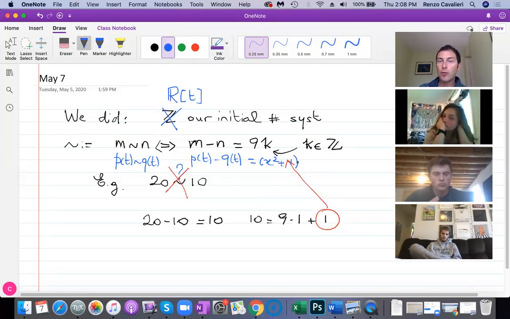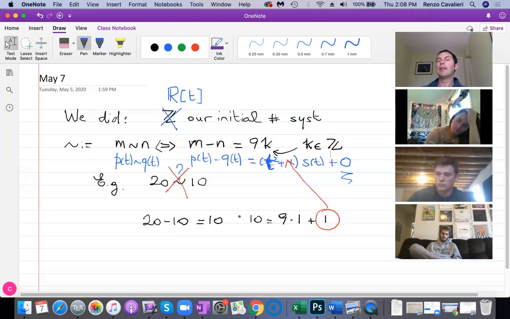Which means that if you perform division, you get a polynomial, s of t, and zero remainder. Okay? And I switched from t to x, sorry, there's no x. T squared plus 1, right?